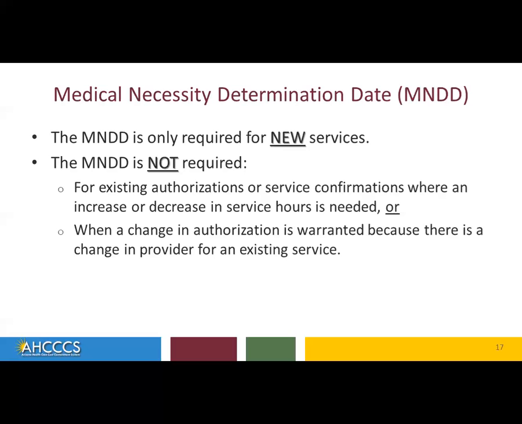It's not required when you're entering in or modifying a service confirmation where you're increasing or decreasing service hours, not needed because it's not a new service, or maybe there's a change in authorization because the provider needed to change, but it was an existing service. So if you're a provider who receives a member or is referred for a member who is getting a service by another provider, you wouldn't need to enter in that date here because it's an existing service. If you don't know, then you would include it.